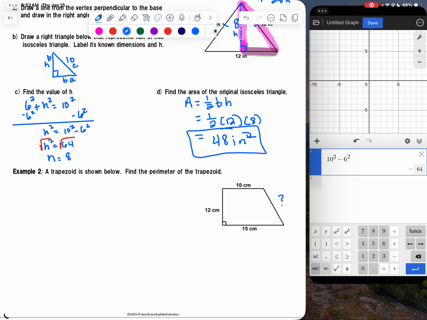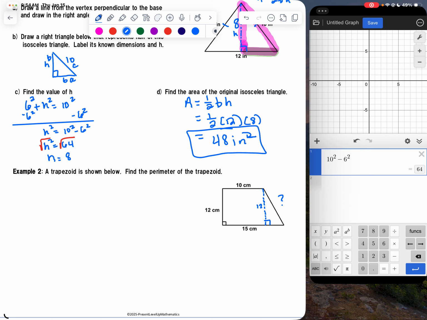If we do kind of like we did in example 1, we draw in the height of this trapezoid. So if I were to draw in a segment for the height, it would form a right angle with the base. And I actually know the height of this trapezoid now. It is 12 inches.